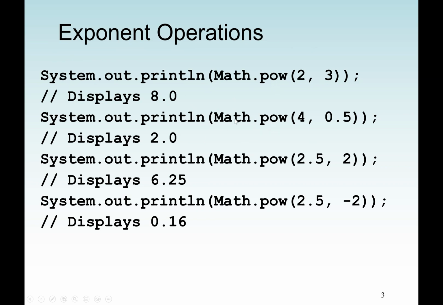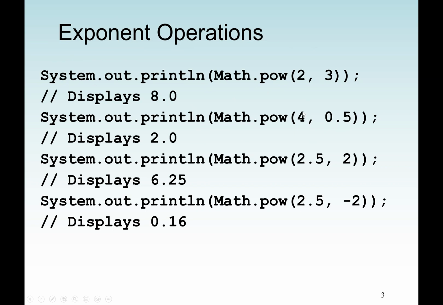Next, we have Math.pow(4, 0.5). Instead of using a square root, as we all know, a square root means the exponent is a half. So we can use 4 and 0.5, which gives the square root of 4, which is 2. We can also use Math.sqrt of 4.